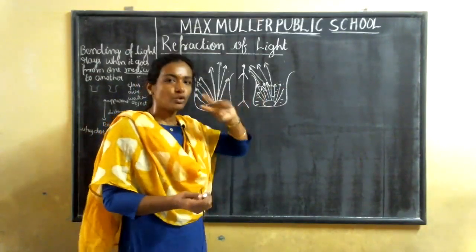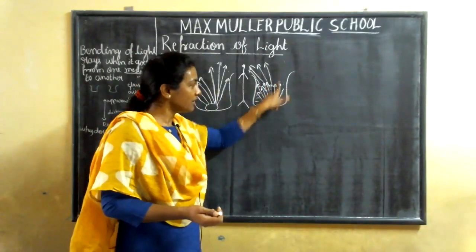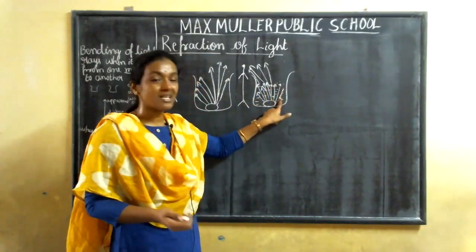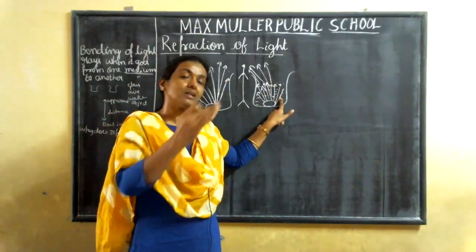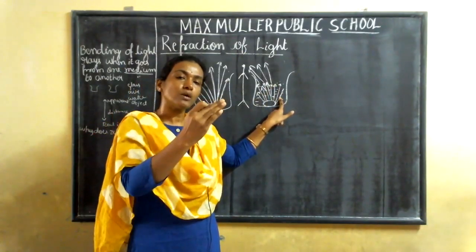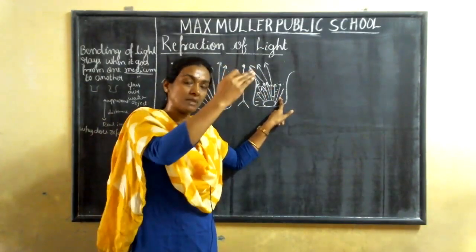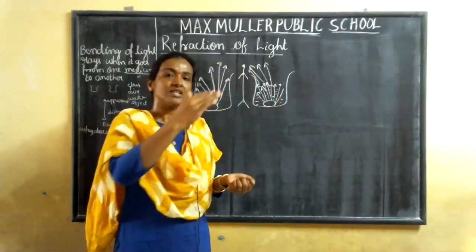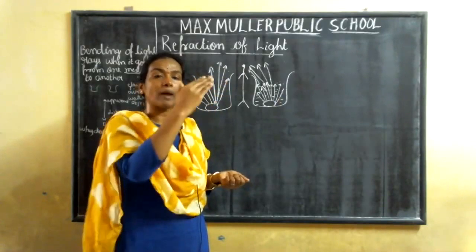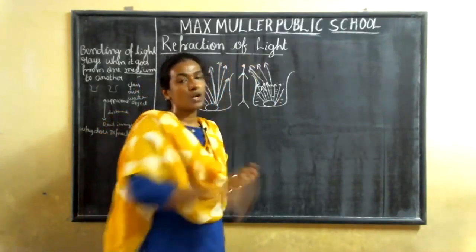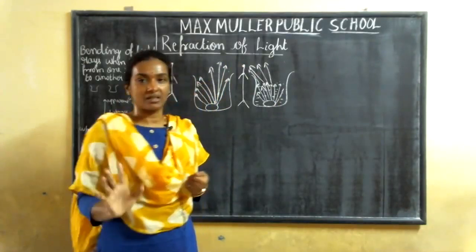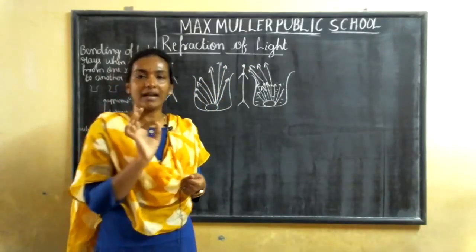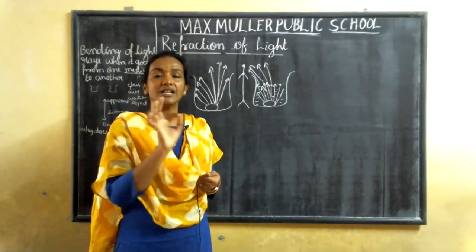Two mediums: one is the air medium, and another one is the water medium. The rays coming out from the coin are changing their direction. They are going to bend once they reach the surface of the water. This bending of light rays is called refraction.